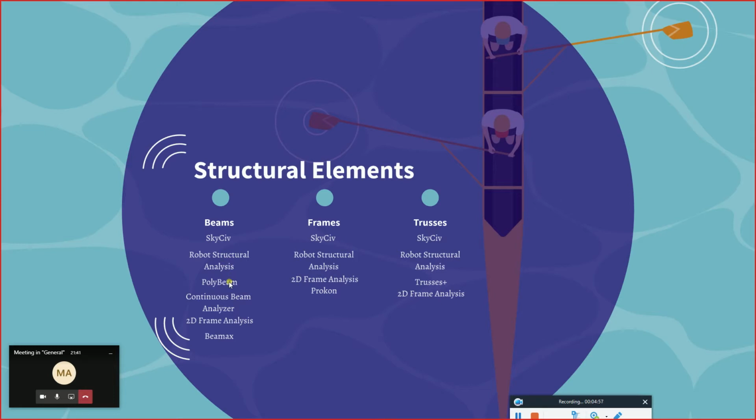PolyBeam is a freeware, you can download it for free. Continuous beam analyzer as well is a free software. 2D frame analysis, you can download the trial. It's not for free. And then BeamAx, once again, it's for free. Procon, you can download the trial as well. Trusses Plus is a freeware.